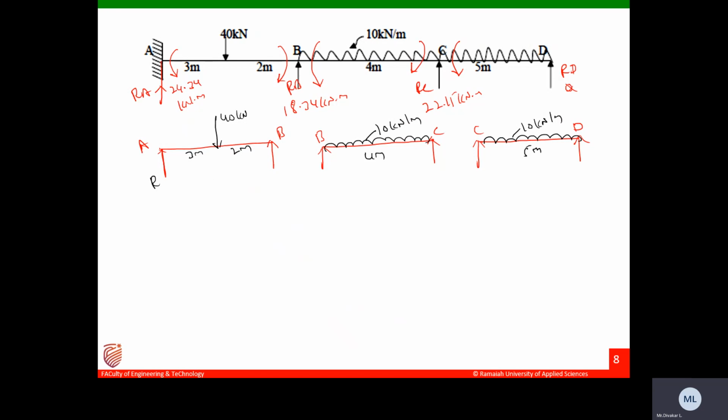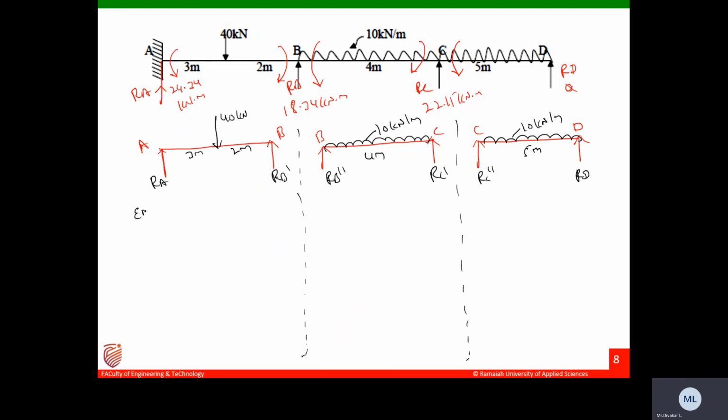This is RA, this is RB dash, RB double dash, RC dash, RC double dash, and this is RD. Now let us take one portion at a time and try to find out the reactions.